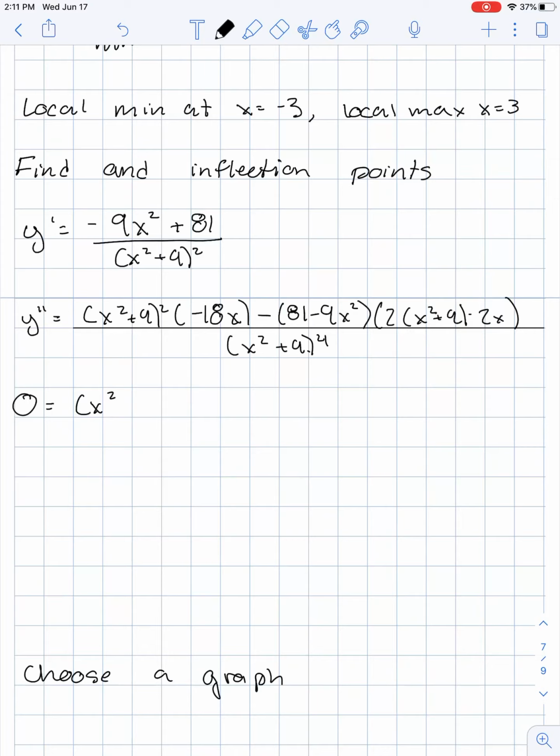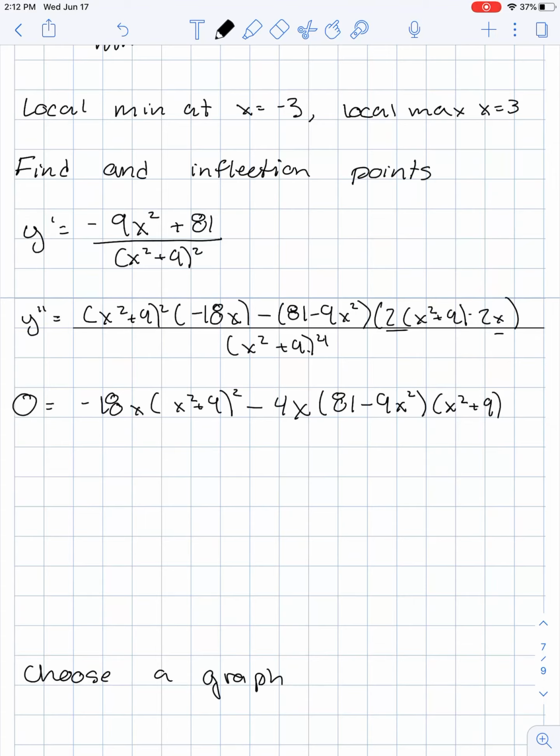So I'm going to have negative 18x times x squared plus 9 squared minus, what, 4x, that's from these two, 4x times 81 minus 9x squared, times x squared plus 9. So I know what you're thinking.